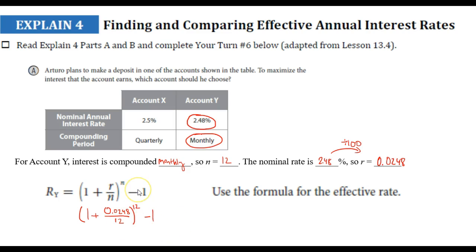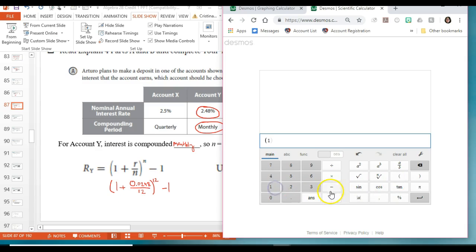So let's use our Desmos scientific calculator. Parentheses 1 plus fraction 0.0248 divided by 12. Close my parentheses, to the 12th power, minus 1, which is about 0.0250.